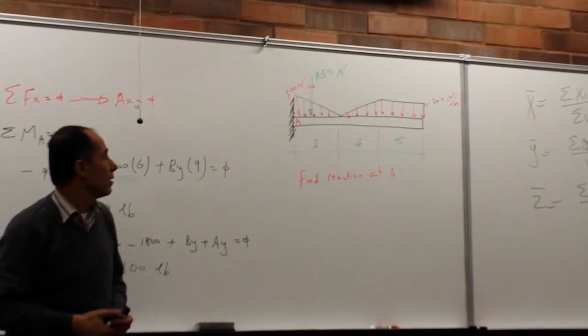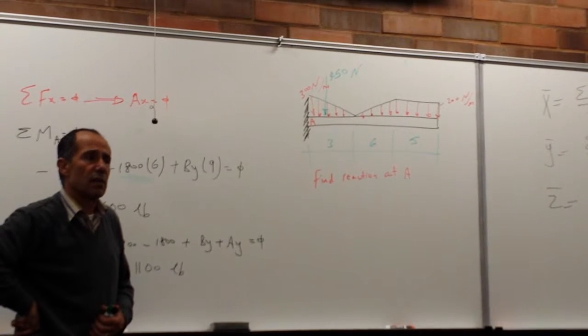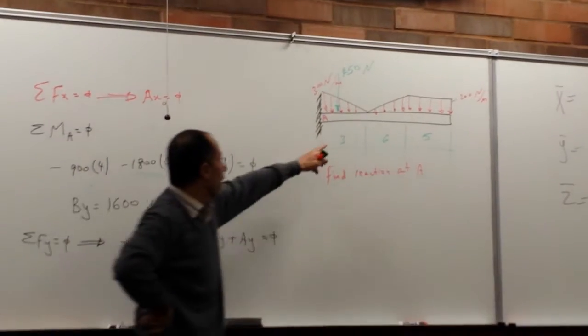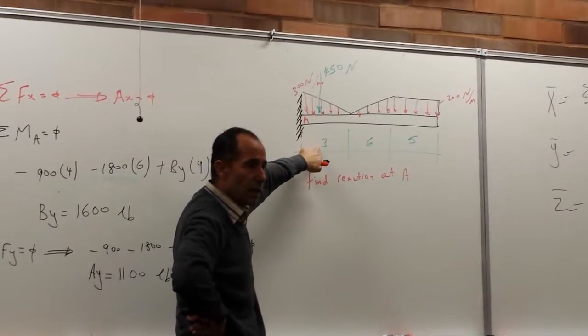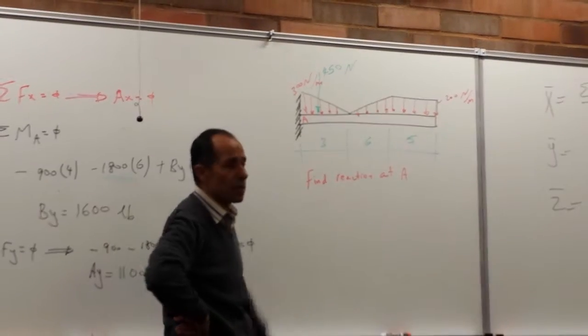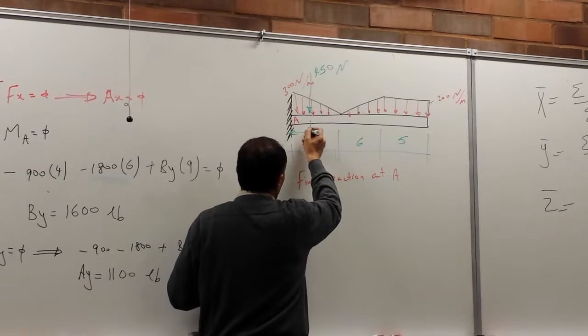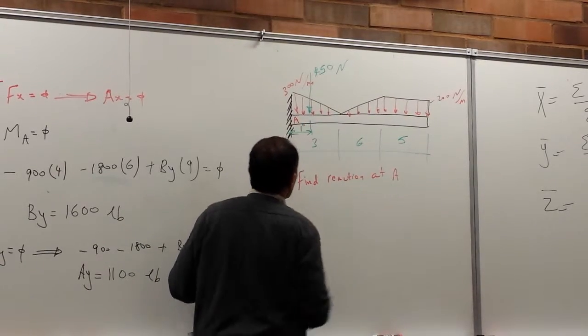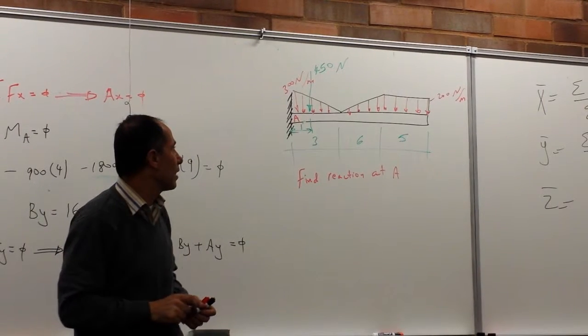Correct? Half of 300 times 3. Normally the area is 300 times 3, 900 over 2 is 450, correct? Distance here is 1 meter, correct? Everybody?